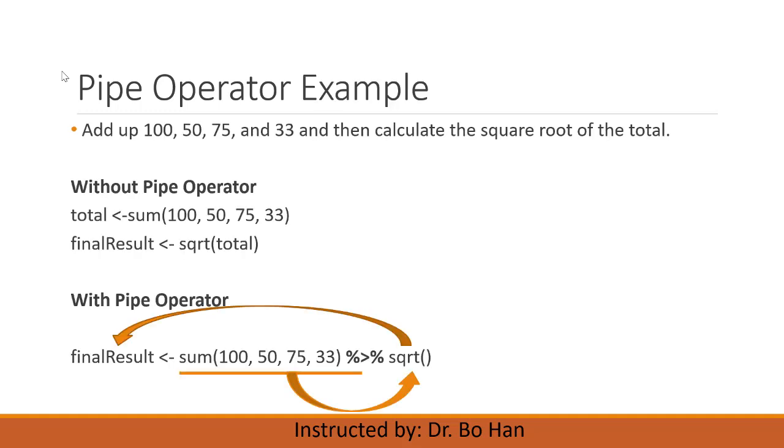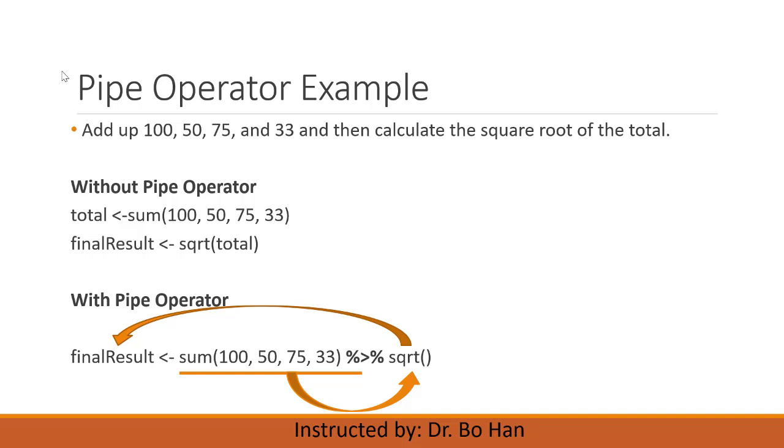That's why we do not need to give a parameter value to the sqrt function anymore, because the pipe operator will automatically give the result from the sum function to the sqrt function as its parameter.